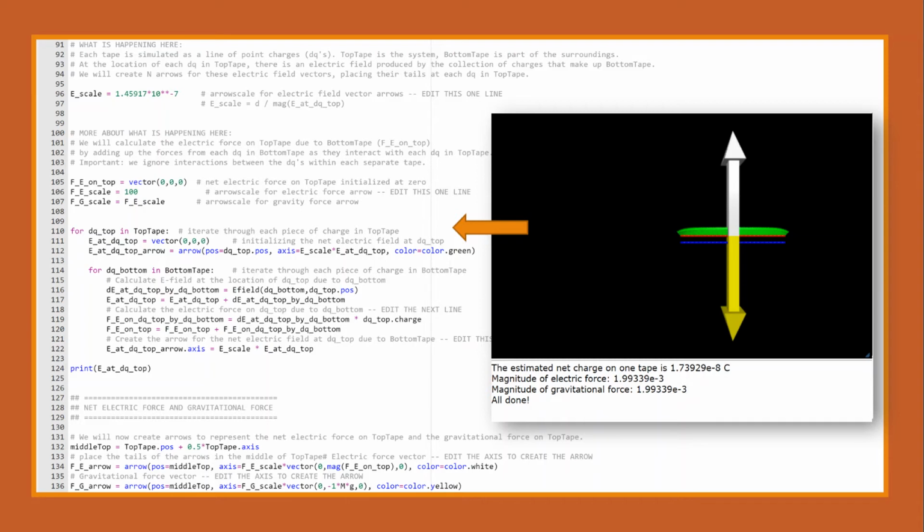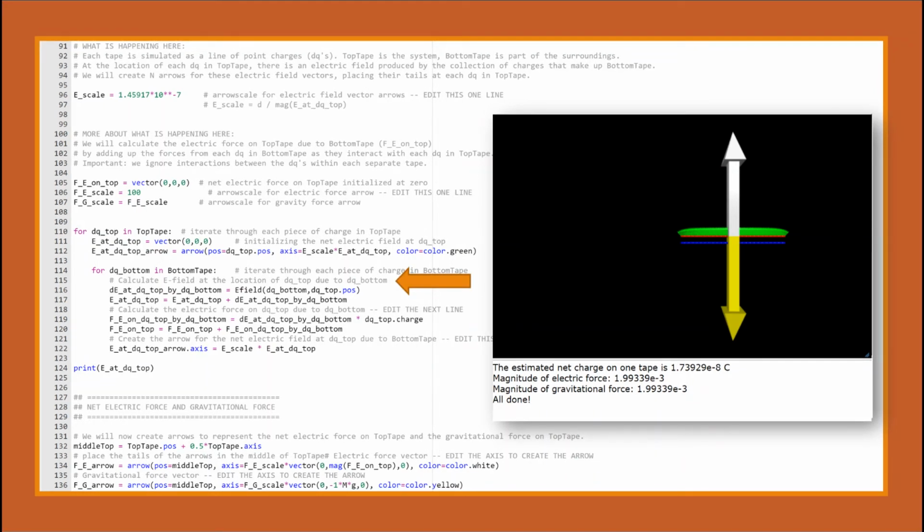Where the arrow is pointing at line 110, this is where I am starting my loop to iterate through each piece of charge in the top tape. At 111, I am creating the vector for the electric field at the top tape. And in the next line, I am creating the arrows.